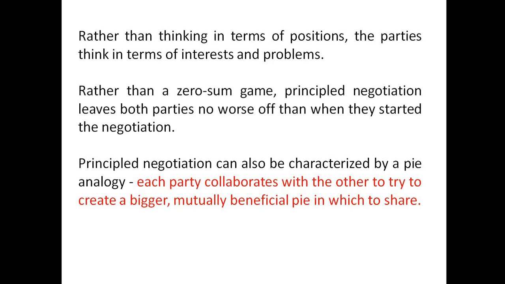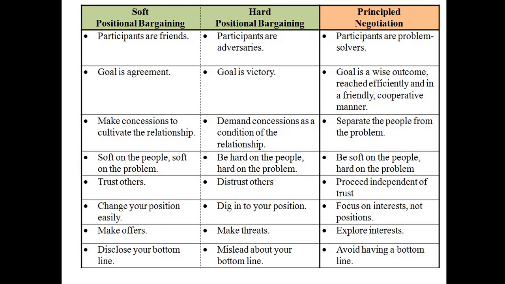Here we are saying, let's expand the pie. Let's see if we can increase benefits. Let me try and see if I can increase your benefit. You think how I can benefit, what is the extra benefit I will get. And in that sense, we are trying to expand the pie and then we want a share of that.